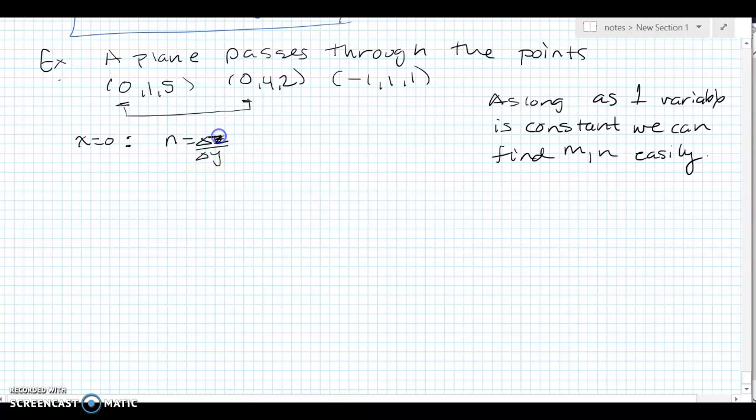So change in z, 2 minus 5, over the change in y, 4 minus 1. And we get minus 3 over 3, which is negative 1. So this was using the same x coordinate.